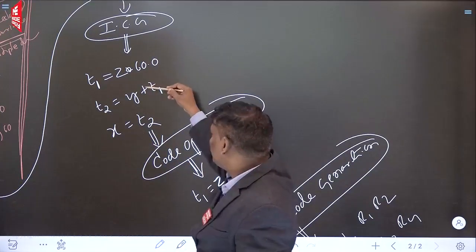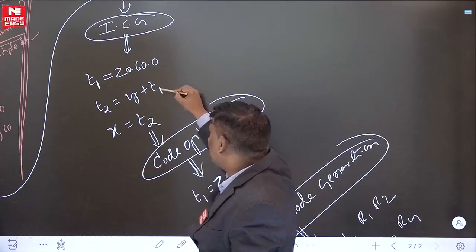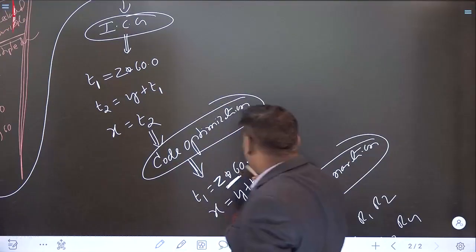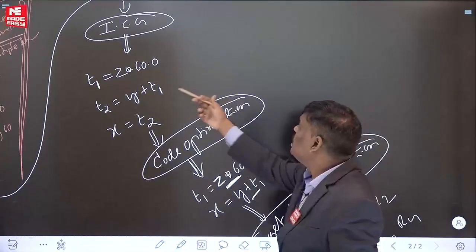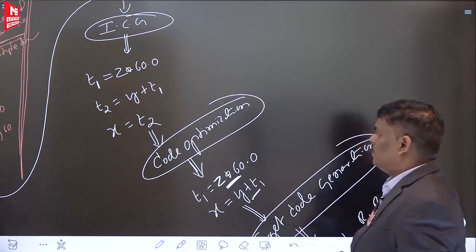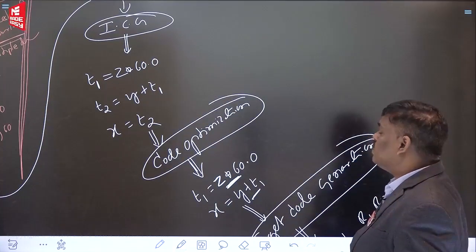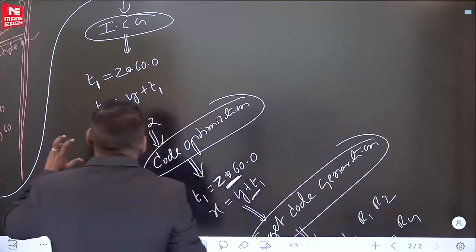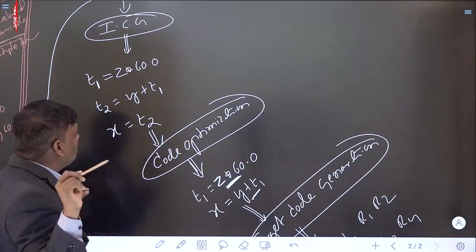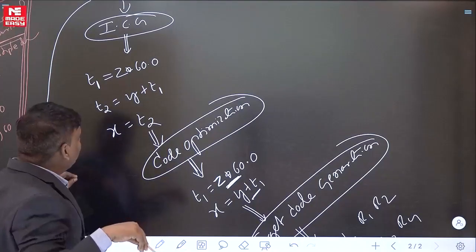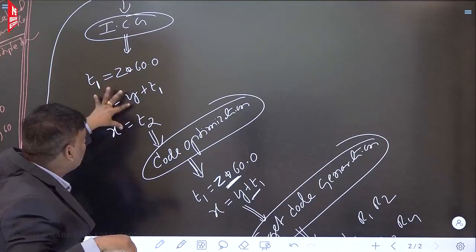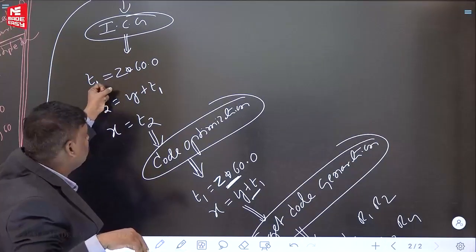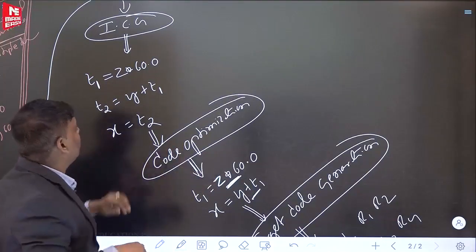Next, after writing this, do optimization if possible. If not possible, it stays the same. And one more thing I want to say: in some compilers, while writing the intermediate code itself, they write carefully, so there is no requirement of code optimization.